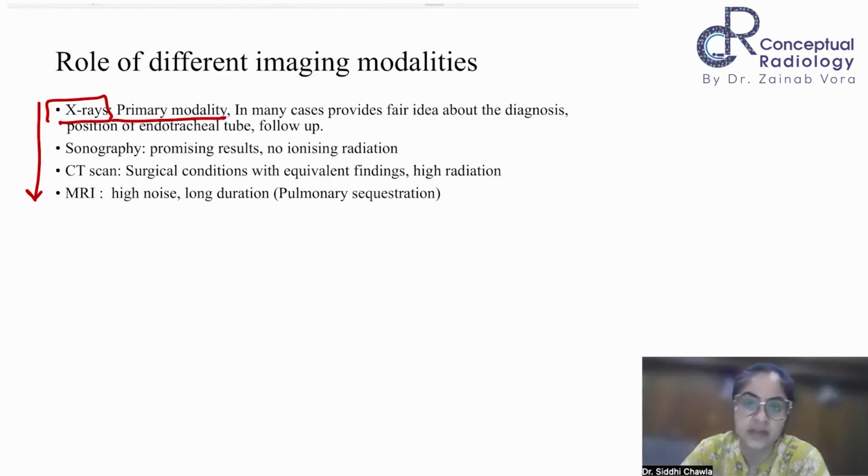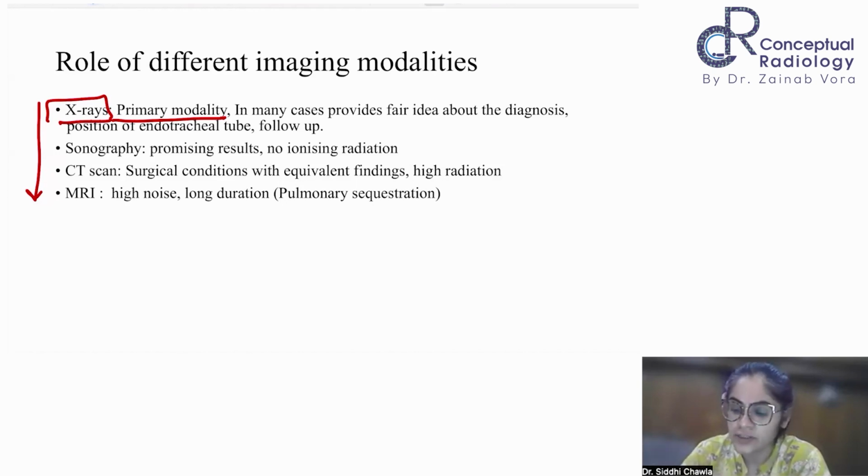Even the pediatricians are always available, and they also see these X-rays, right? So you have to always have some knowledge which is above them, and they should come to you asking questions, not the vice versa, right? Whenever you are dealing with a neonatal X-ray, always look at the clinical picture of the patient and do not hesitate in asking for the file of the patient, because you do not know the age of the patient during delivery.